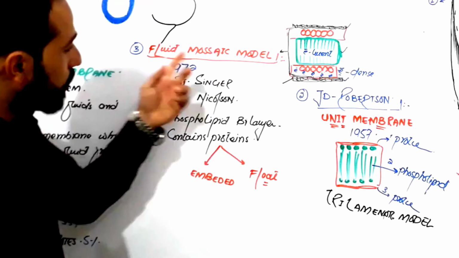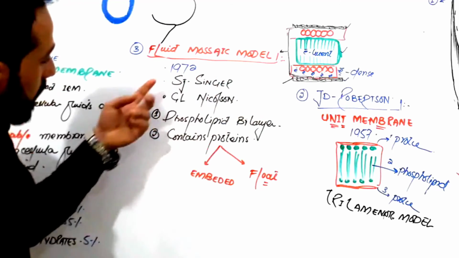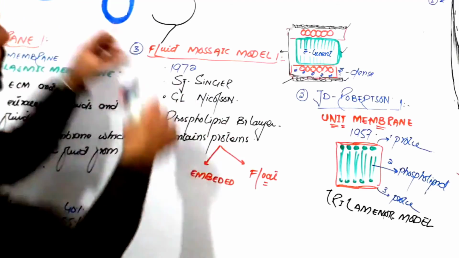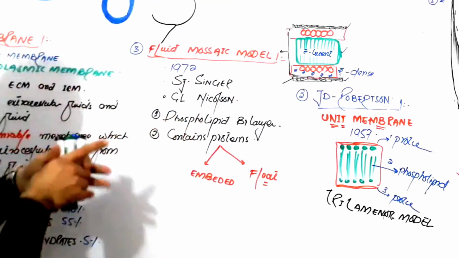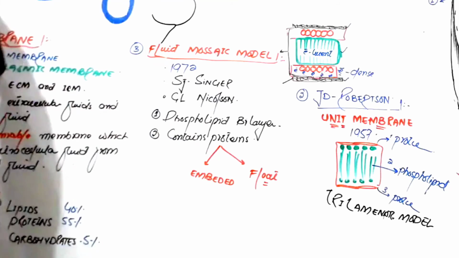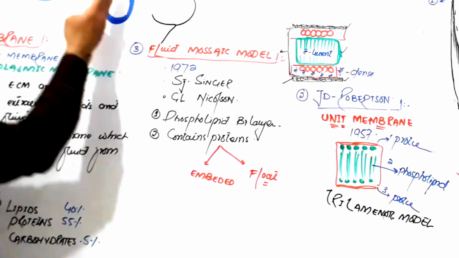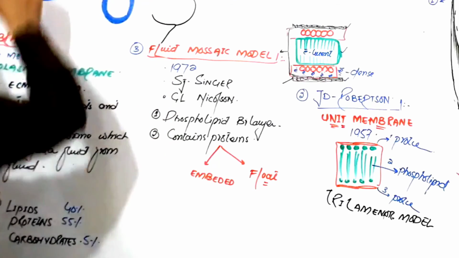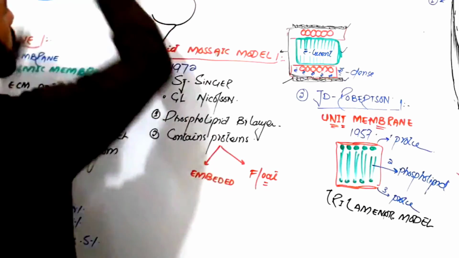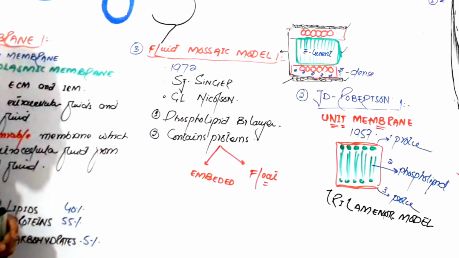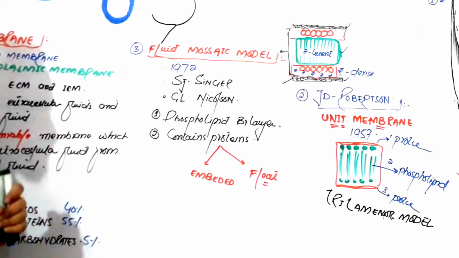So this model, the fluid mosaic model, says that the cell membrane is made up of a phospholipid bilayer in which some proteins are embedded. Look here, some proteins are embedded and some proteins float on the surface of this lipid bilayer. This is called the fluid mosaic model.